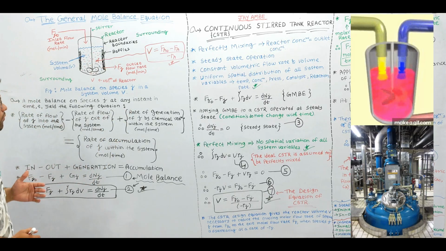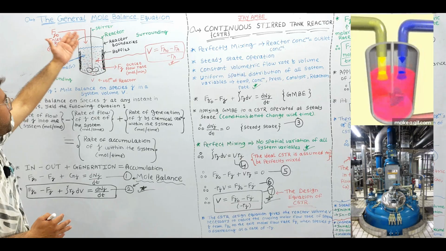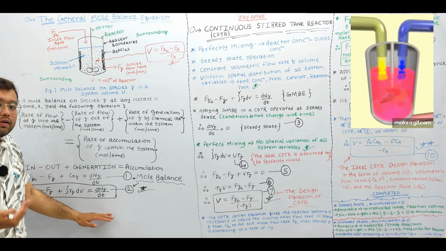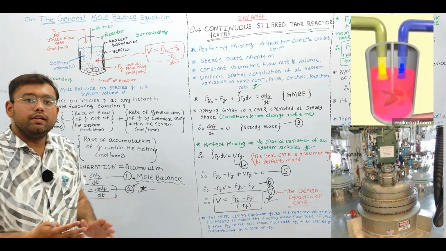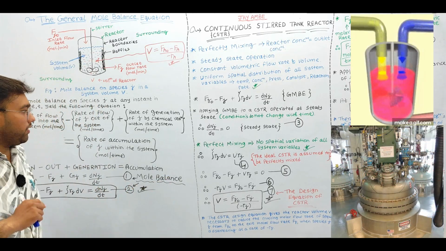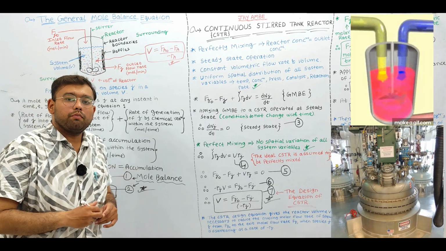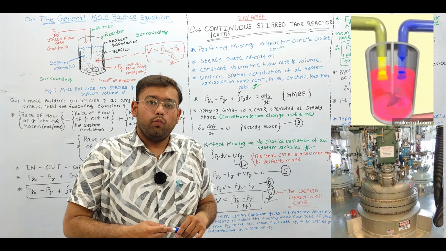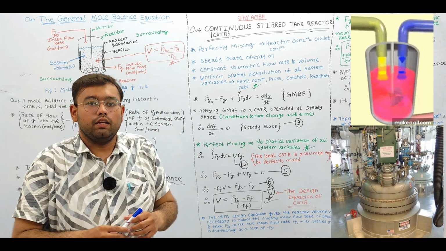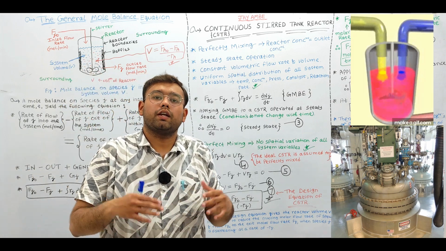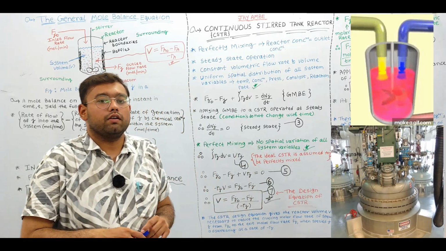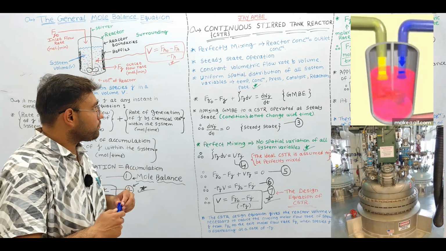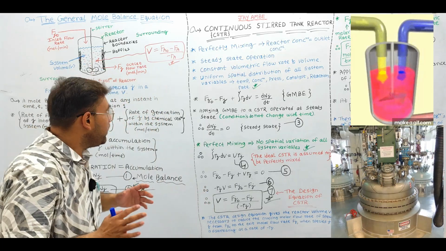By utilizing the general mole balance equation, we will try to derive the design equation of the continuously stirred tank reactor, right? First of all, we need to understand some conditions by which we can say the continuously stirred tank reactor is an ideal CSTR.